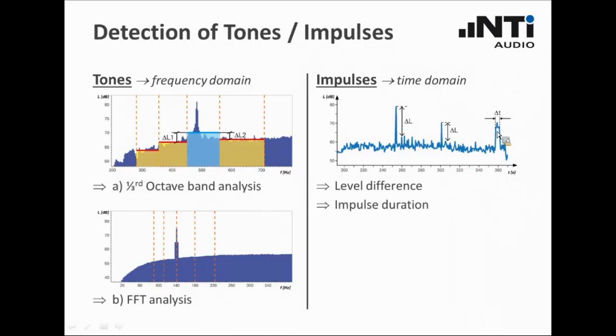But we should also take a look at the duration, because it could be that this is not an impulse, this is another kind of sound. So the duration is another parameter that gives us information whether we are talking about an impulse or not. And last but not least, the number of impulses per period while we are watching the whole situation also plays a major role.